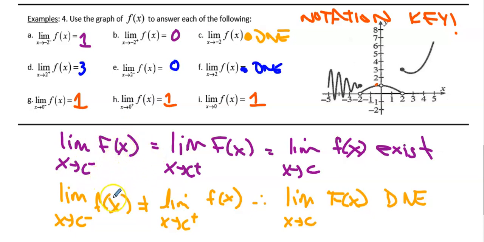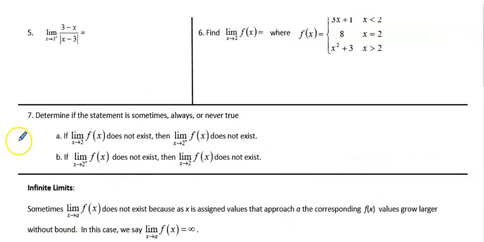But one thing you got to get used to right off the bat is notation is important. Over here, I'll be honest with you, I wrote this word does not exist, and then I said, oh no, I've got to write the function first. So you want to make sure that you actually write the function for it. You also want to talk about where we're approaching our value for c. All right, so let's move on to the next examples.